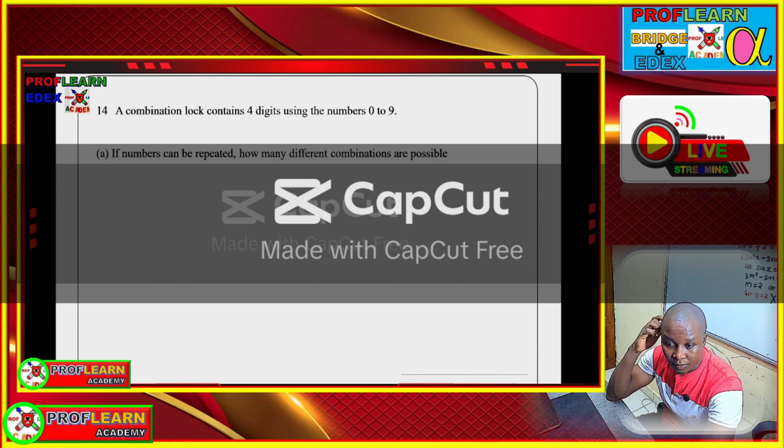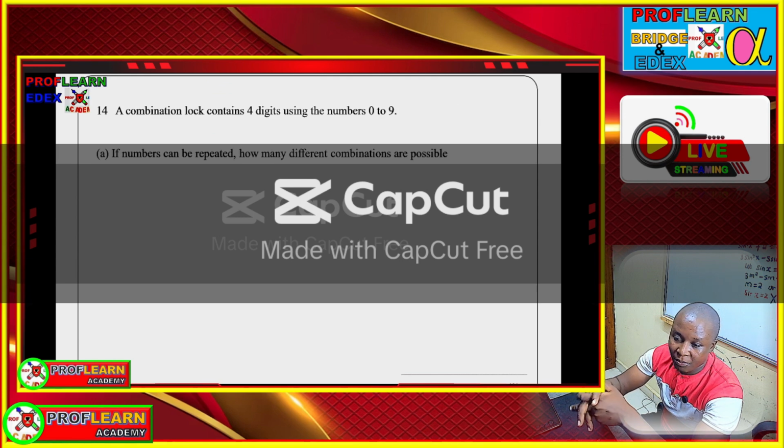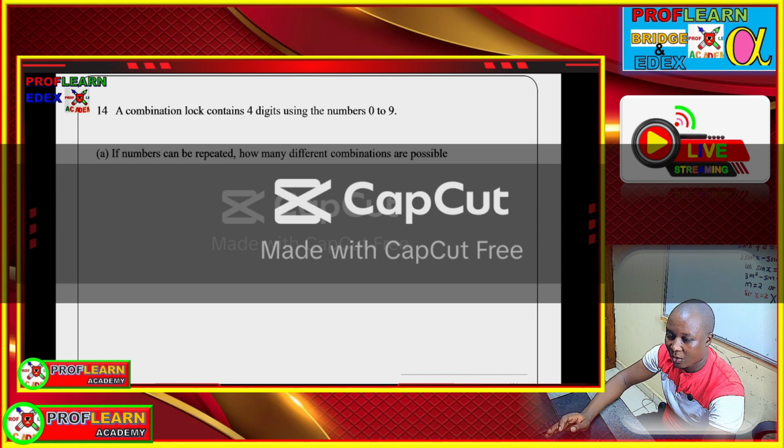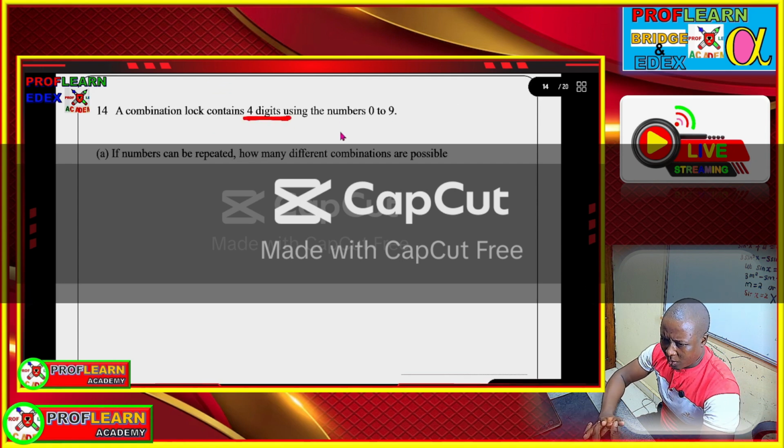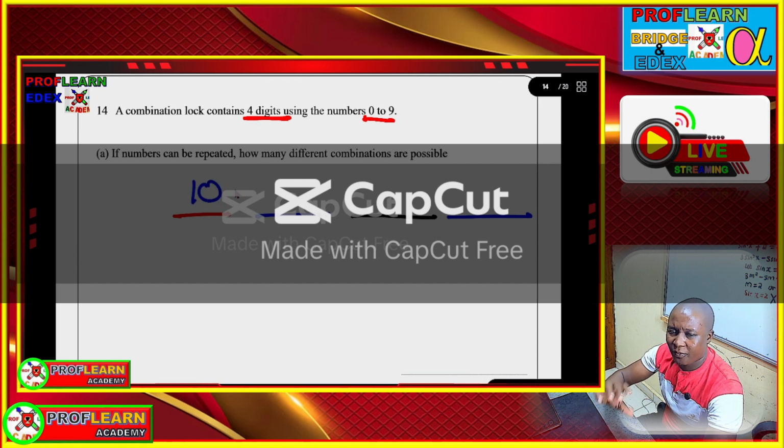A combination lock contains 4 digits using numbers from 0 to 9 rather. So it means we have 10 numbers, we have 10 options. If the numbers can be repeated, how many different combinations are possible? So in order to work this out, of course it's 10 times 10 times 10, but I'm going to use those lines to indicate that we have 4 digits, 4 spaces to fill.